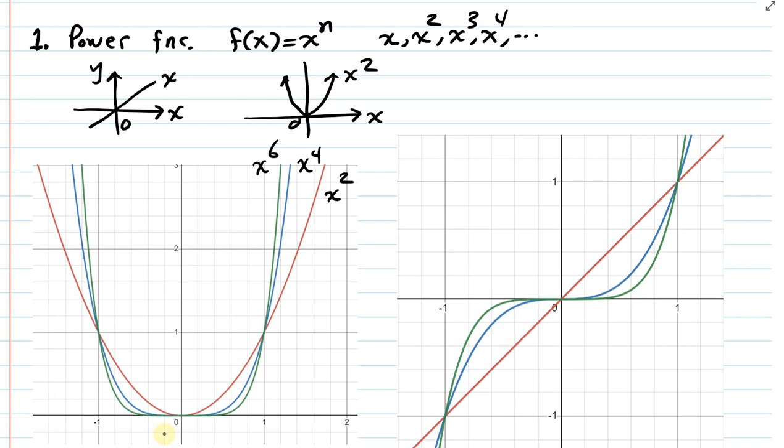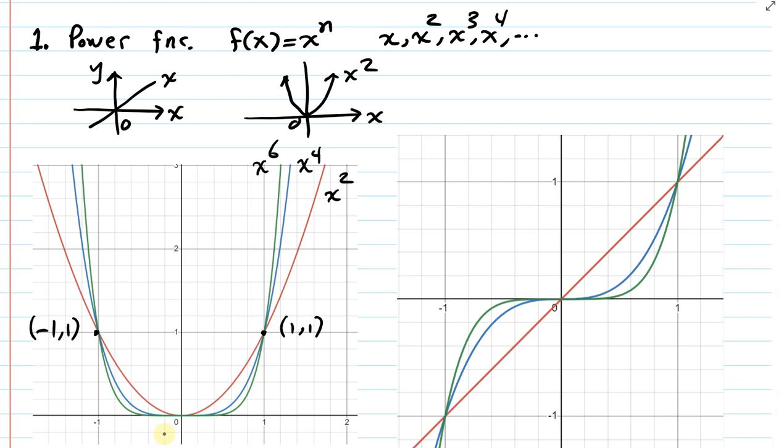And as this closes in, it causes a widening effect around 0, which is the vertex. Now, all of these power functions go through 1, 1 in their basic form, that is without any shifts. See that?